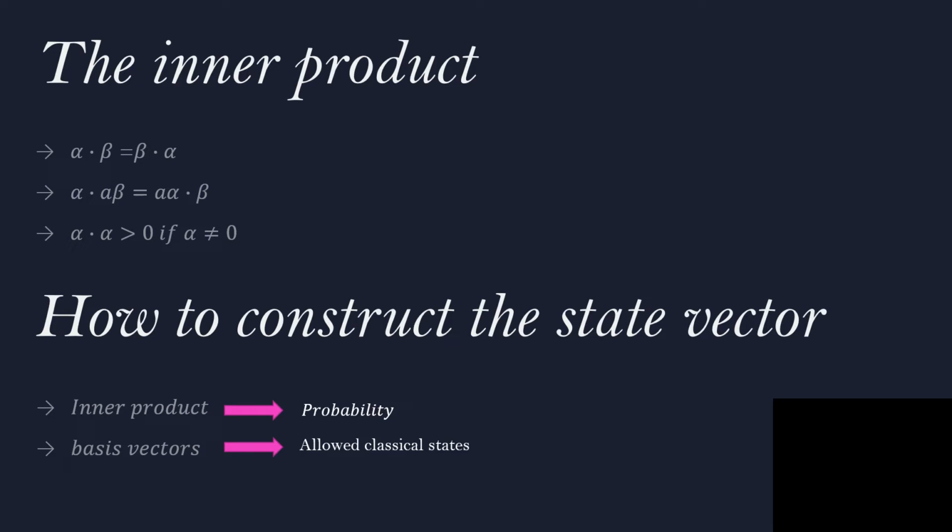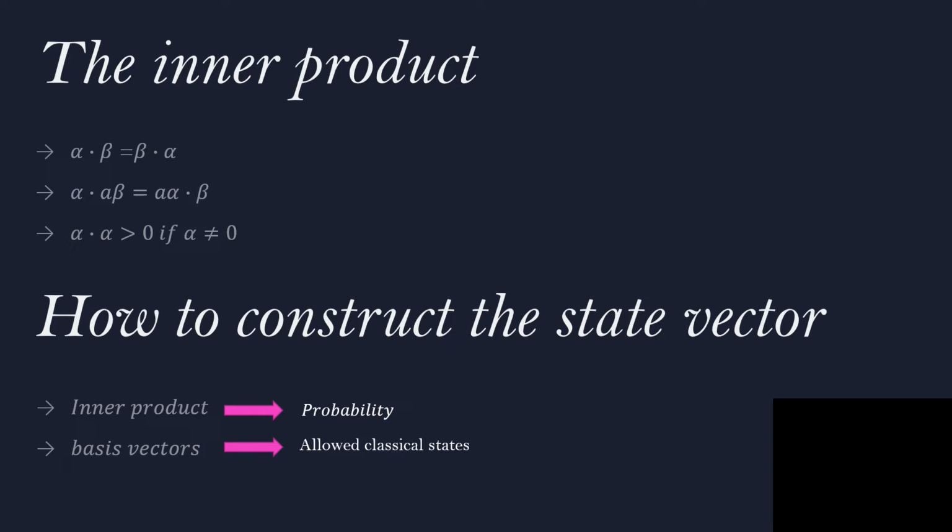And lastly, the scalar product of a vector with itself must be greater than 0 if the vector itself is not 0. And for all states of physical significance, they are not equal to 0, and therefore the scalar product of the vector with itself must always be bigger than 0.